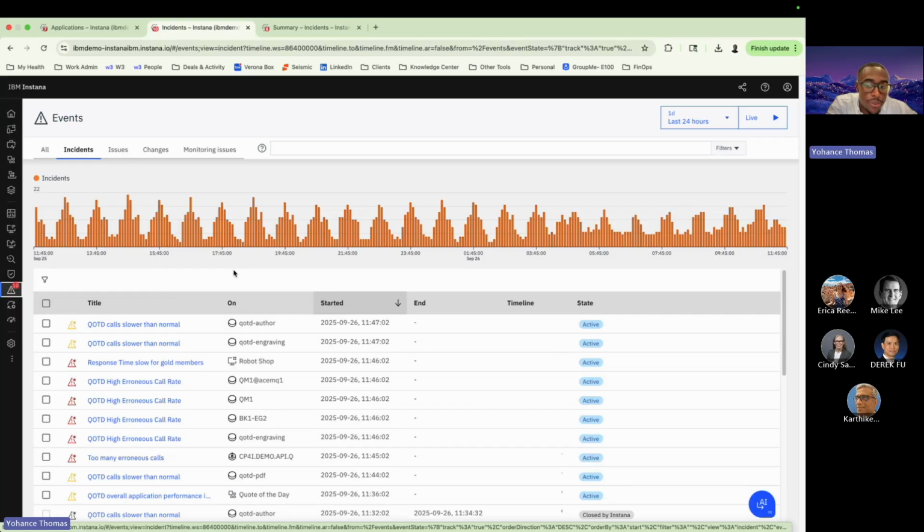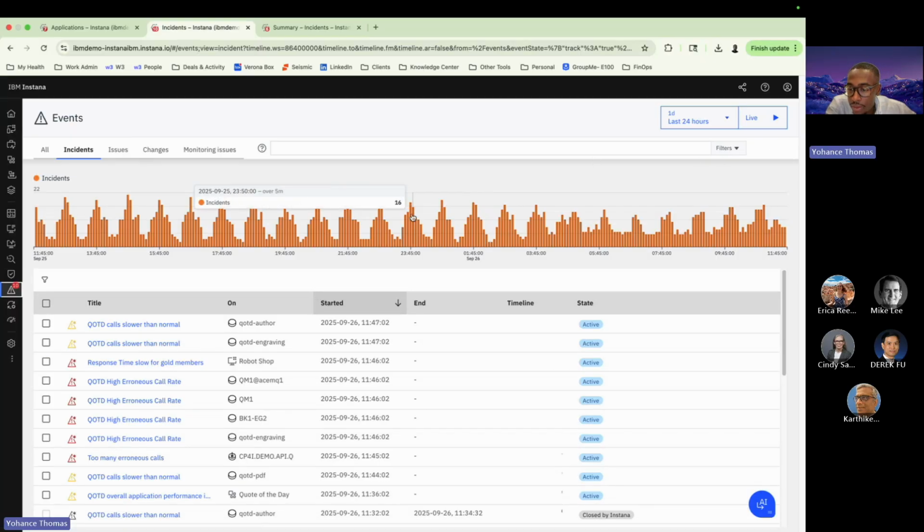Okay, so in stepping into events, this is really where we're able to see the alert storm that a lot of SREs have to deal with on a day-to-day basis.